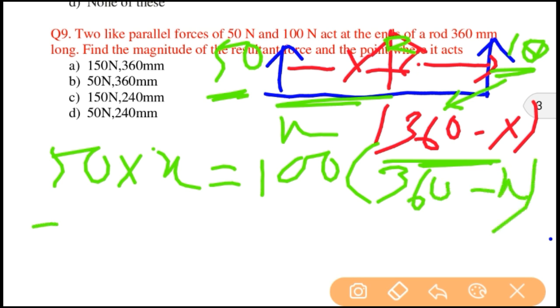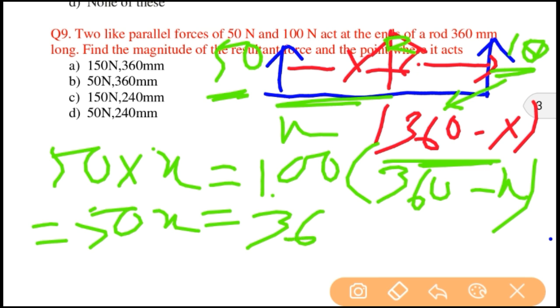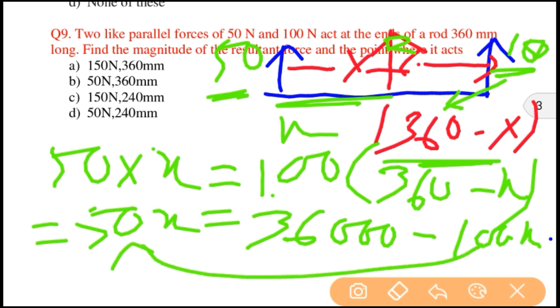So 50x equals 100 into 360, that is 36000, minus 100x. By taking 100x to the left side, we have 50x plus 100x, that equals 150x equals 36000.